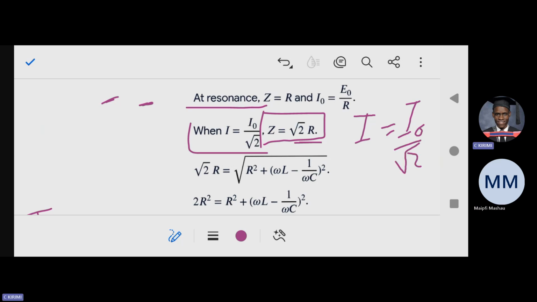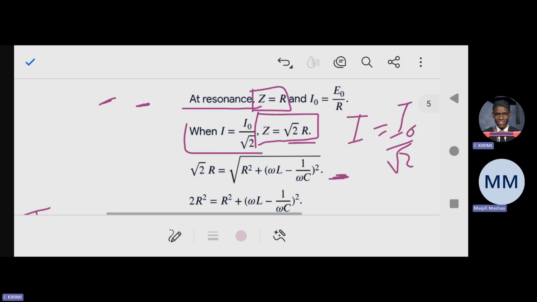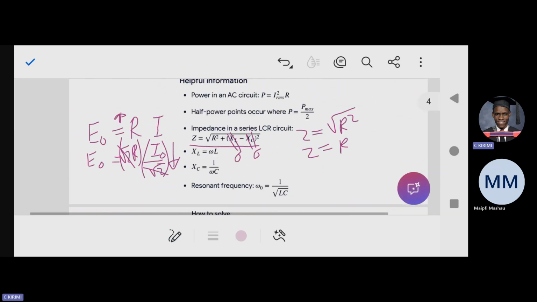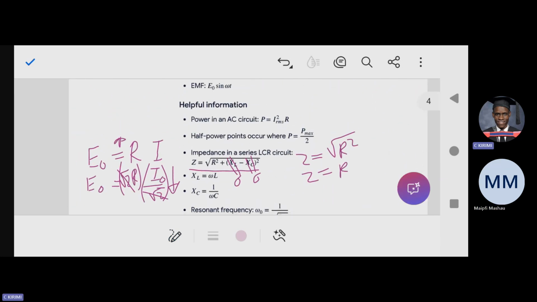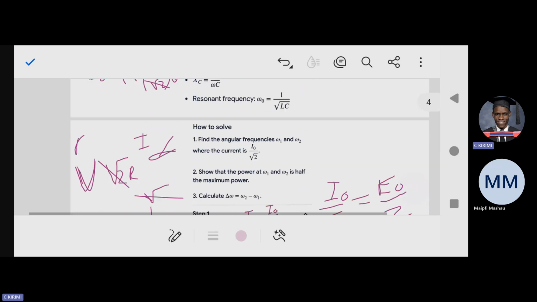But if we were not told, we're going to use just Z is equal to R. That's the idea. So where is this coming from now? It's coming from the formula, where there is Z, you replace that Z with root of 2R.